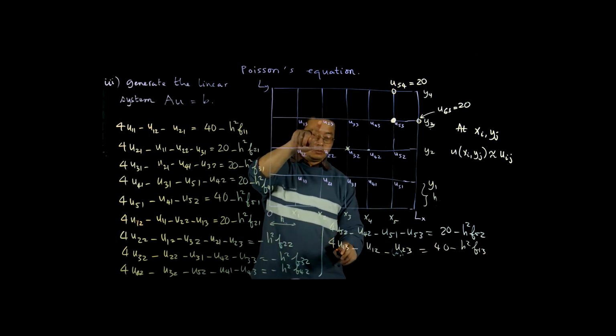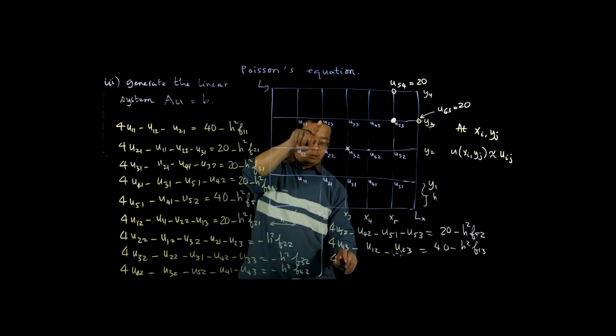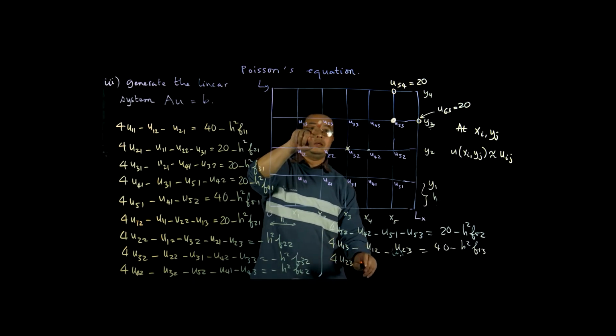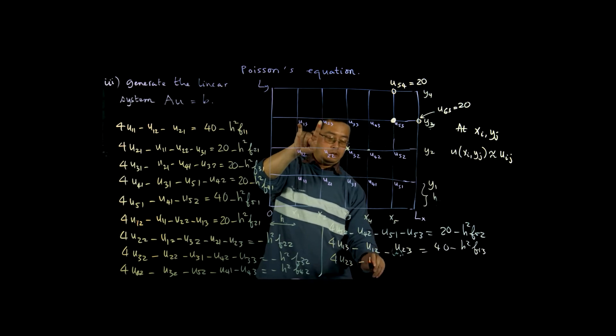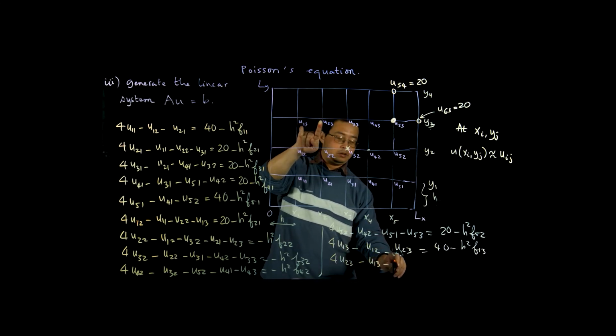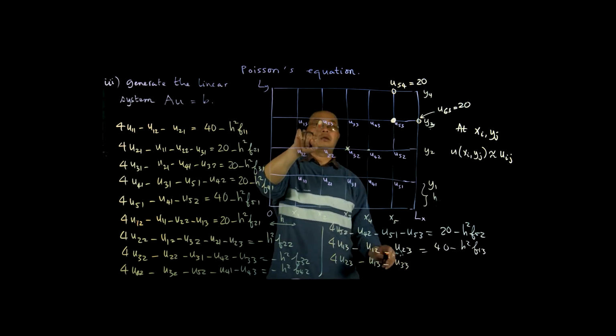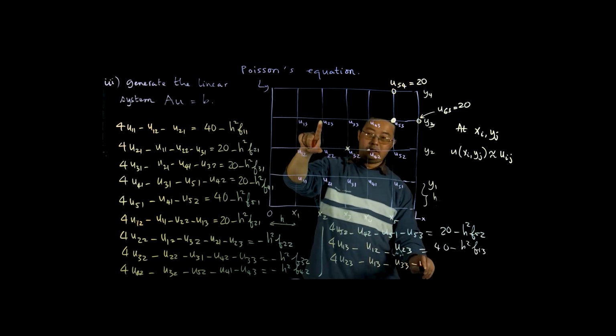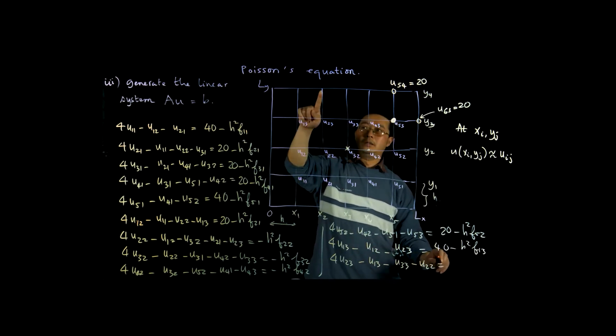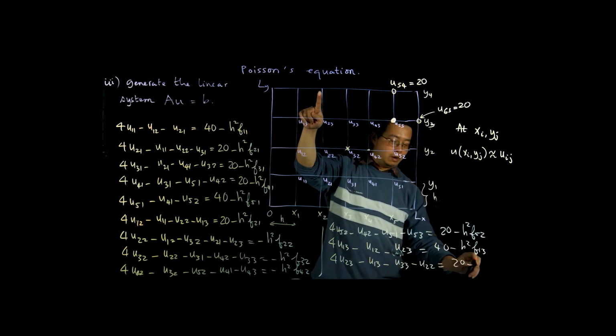And for U23, you have 4 U23 minus U13 minus U33 minus U22, and this one is 20, so 20 minus h squared f23.